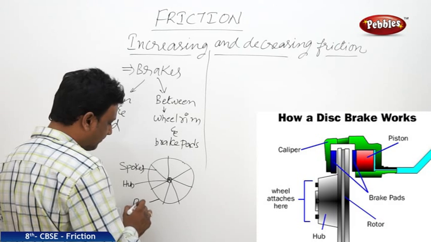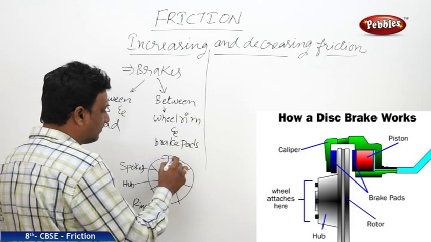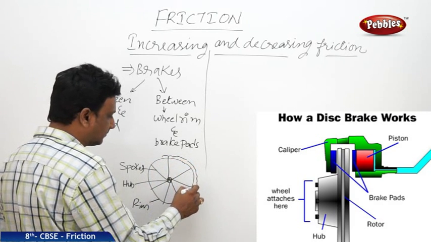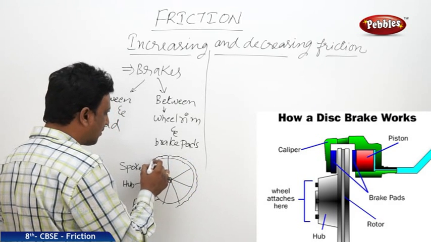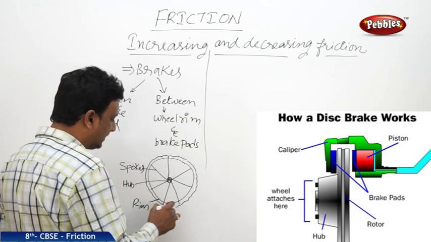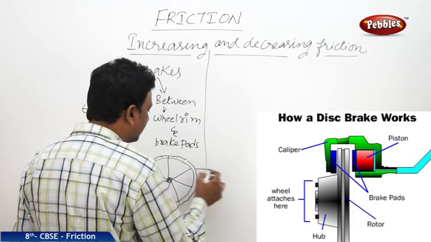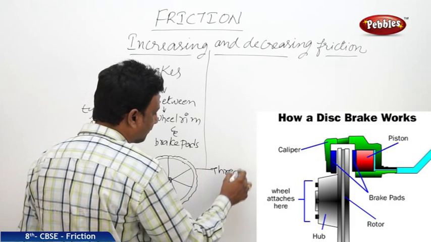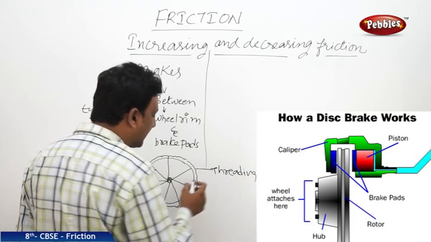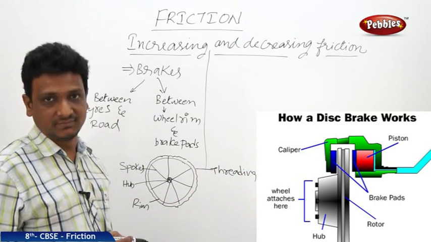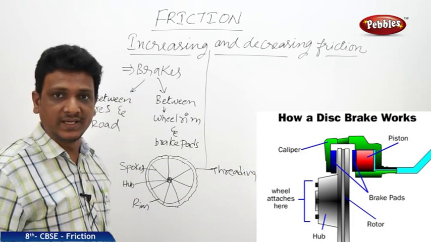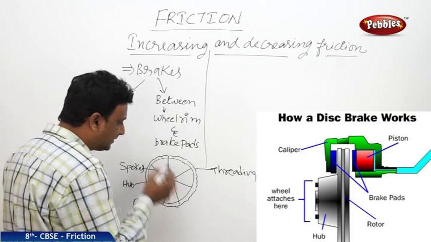And above the rim, you will have the tire. The tire is not smooth. The tire has so many irregularities called threading. What is threading? The design on the tire is called threading. It is important. I will tell you why it is important later. Here these are the spokes.